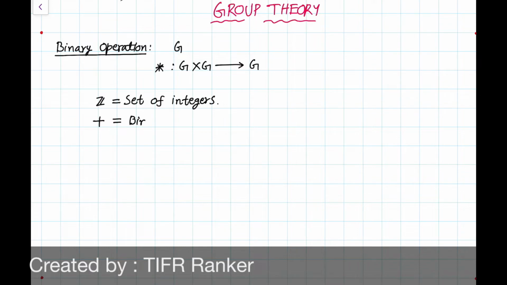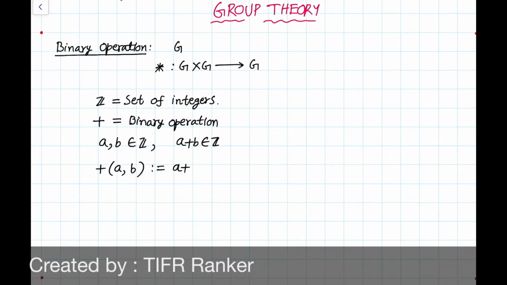It's a binary operation, because suppose we take two elements, say a, b in Z, then a plus b is also in Z. So basically addition, or plus, is a mapping which maps (a, b) to a plus b.